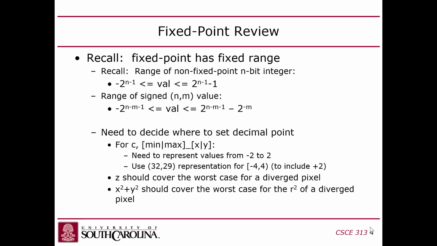So if you have a 4-bit number, say, and 2 of the bits are fractional, you're basically just splitting the number in half, where 2 bits are on the left-hand side of the radix point, those are your integral bits, and 2 bits are on the right-hand side of the radix point, the fractional bits, right?